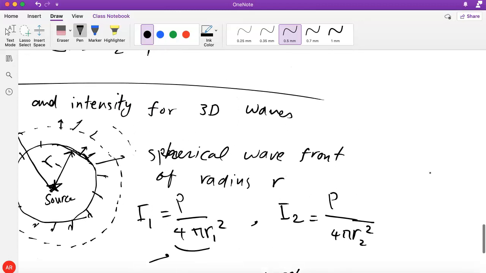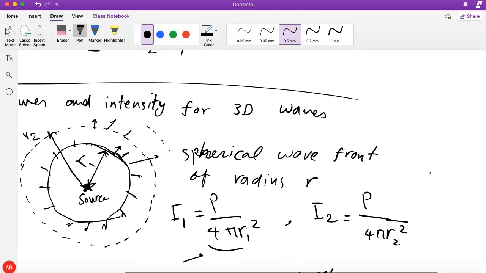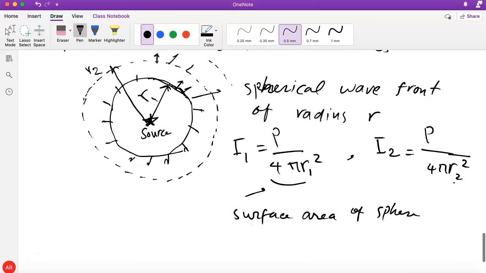So we see that the intensity goes down proportional to distance squared, right? So that's, for example, the reason a planet that's very close to the sun gets more energy per its surface area than a planet that's a longer distance from the sun.